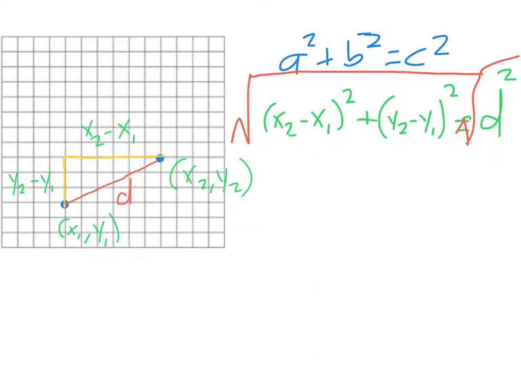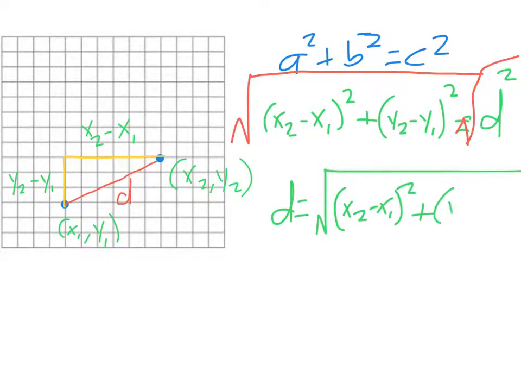So that says that D is equal to the square root of x2 minus x1 squared plus y2 minus y1 squared. All right, does that look familiar to anyone? Okay, that is the distance formula, and that's how it is derived.